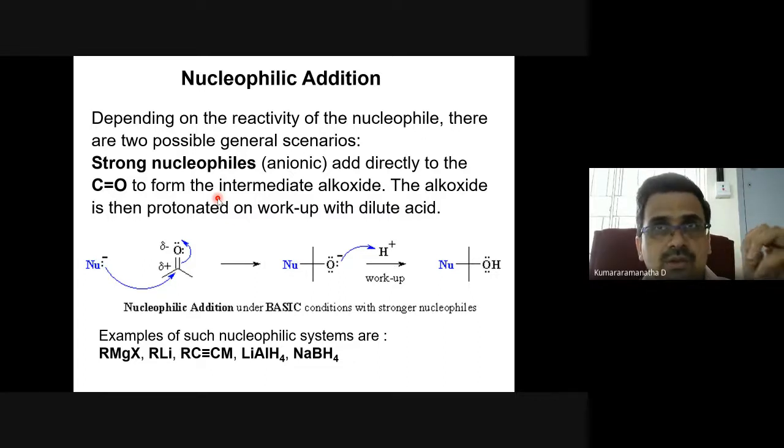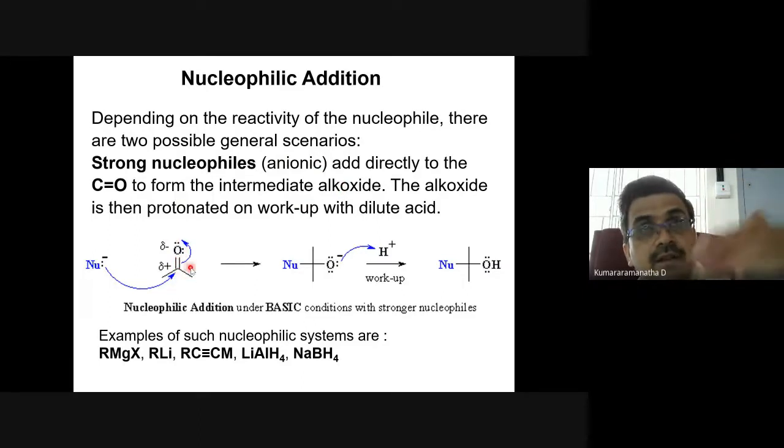The last topic we had discussed yesterday was nucleophilic addition by means of strong nucleophiles, especially anionic ones. What happens when you have some electron polarization, for example in carbonyl groups, where you have delta minus and delta plus because of the dipole moment?